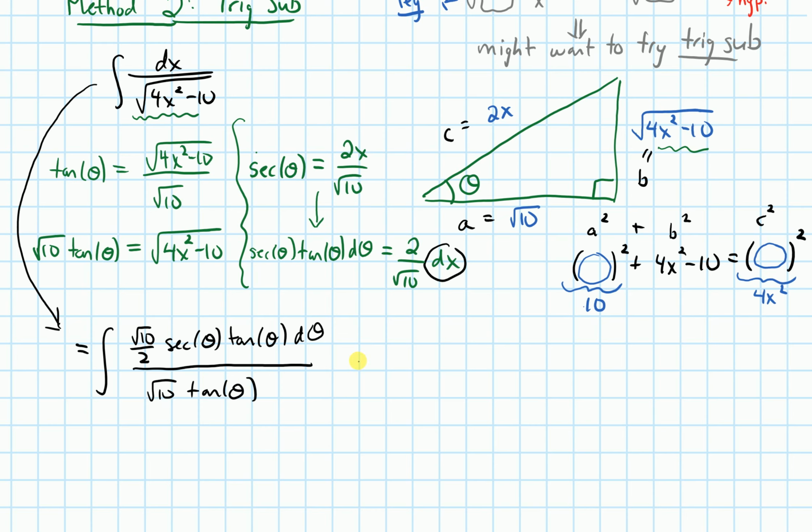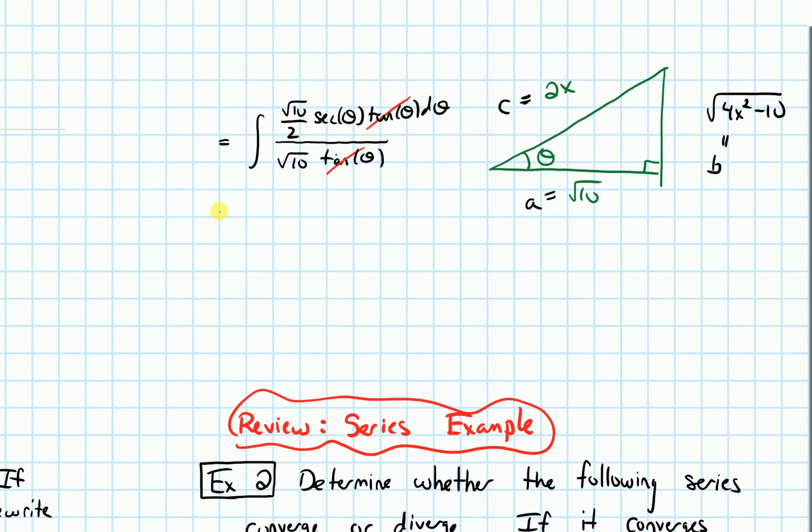And then we could simplify this because the tangents cancel. So let me continue this at the top of the page to give myself some more room. All right, and also the square root of 10 cancels, so that square root of 10 cancels this one on the bottom. And we end up getting, we can move the 1/2 in front of the integral. And we have 1/2 integral of secant theta d theta.